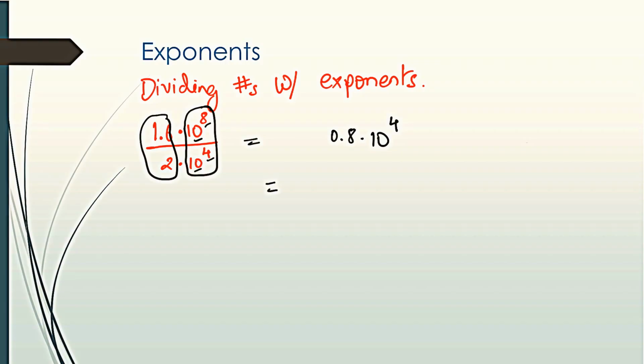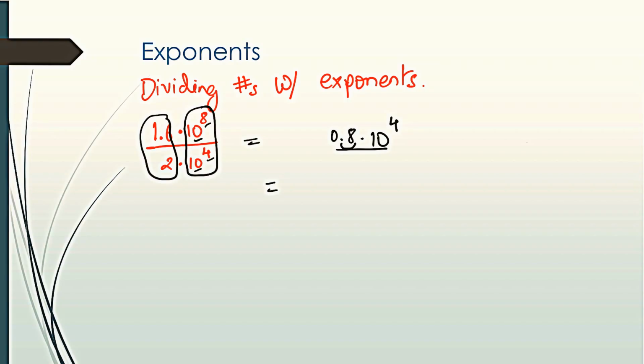Now, for those of you who understood the previous topic over scientific notation, you will realize that this number is not in scientific notation because my decimal is not after the whole number, it is before the whole number, and I can't have that. And so I have got to move this over here.